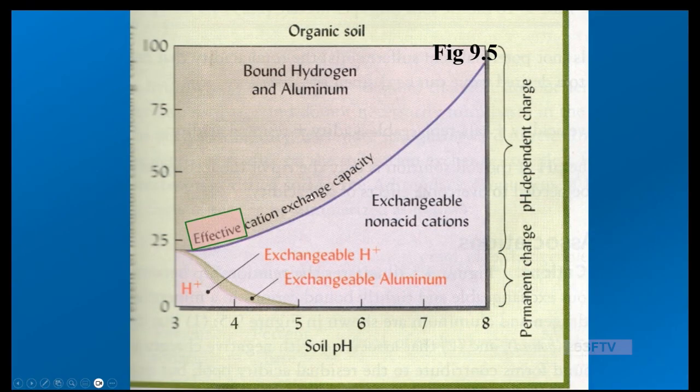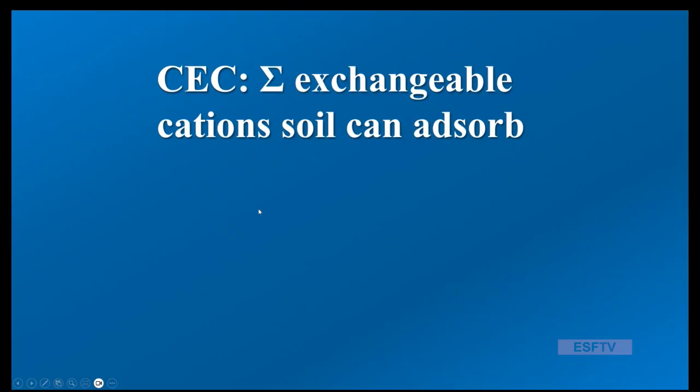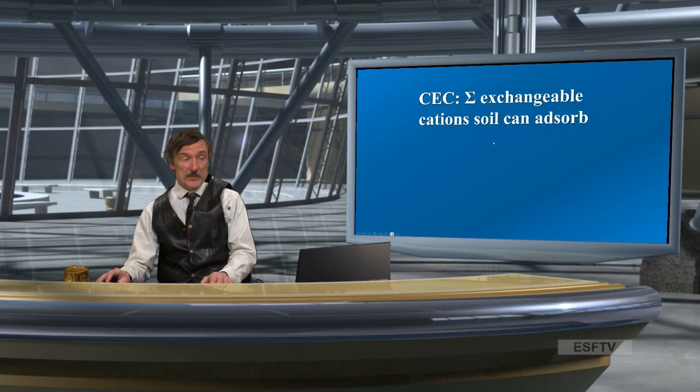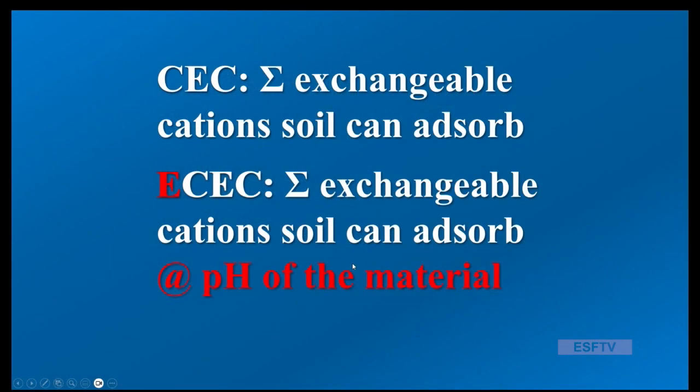Effective CEC. And we spent some time talking about what effective CEC was. It's done at the pH of the soil. So CEC is the sum of exchangeable cations the soil can absorb. This is review. Effective CEC is the exchangeable cations the soil can absorb at the pH of the material. Again, we're just reinforcing what we talked about last week.